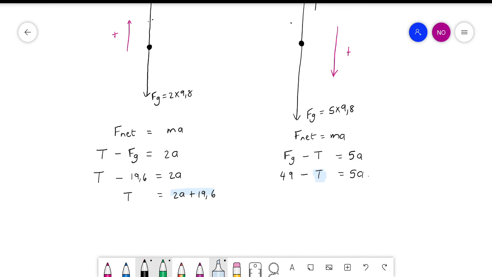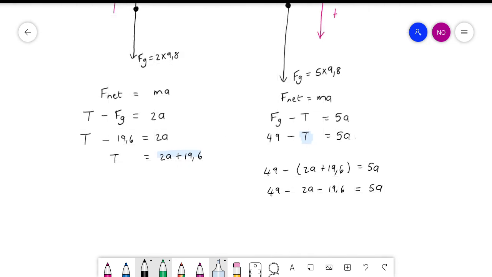Onthou om jou hakies te gebruik. Okay, en jy los hom op. En dan kry jy A is gelyk aan 4,2 meter per sekonde tot die mag min 2.